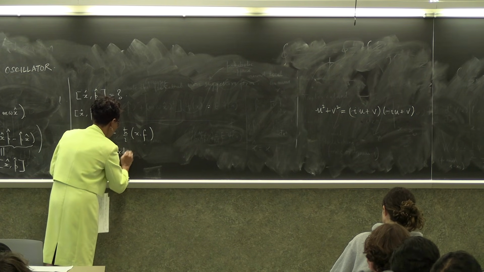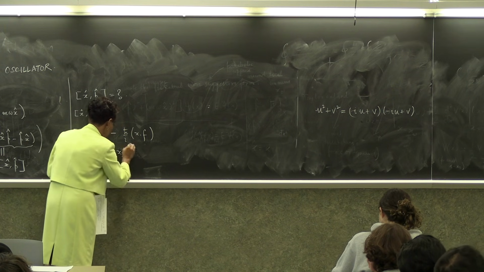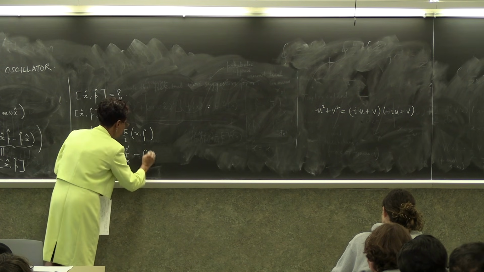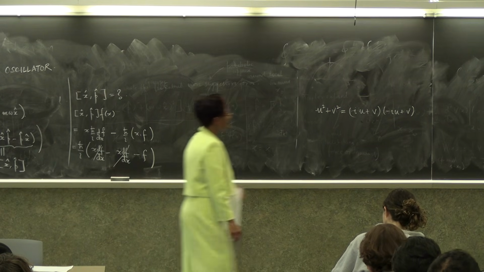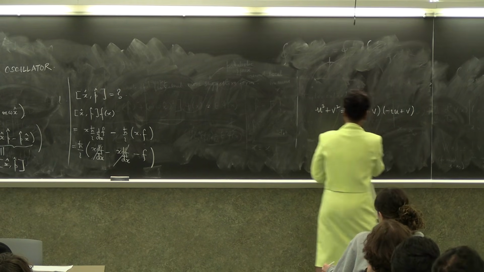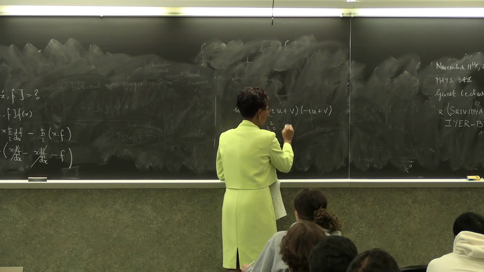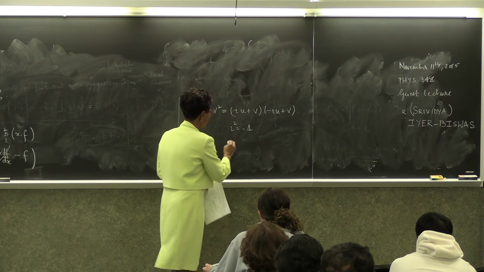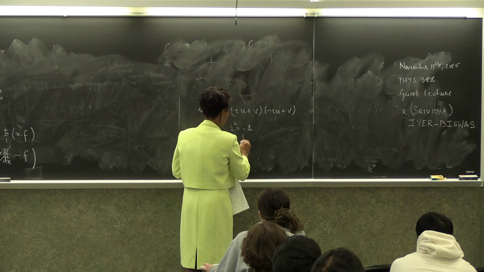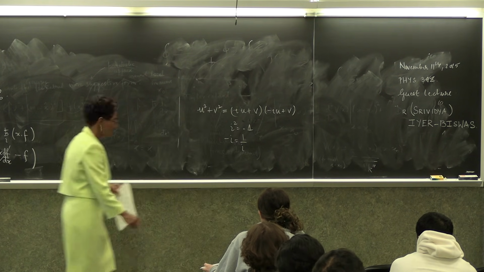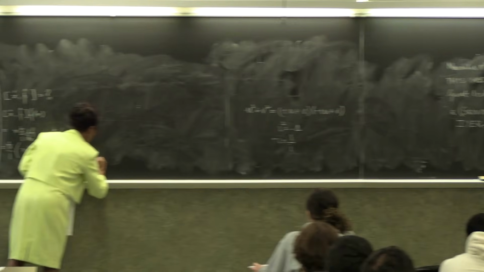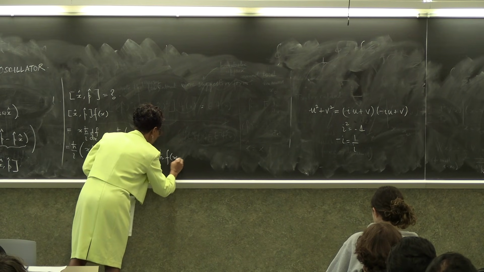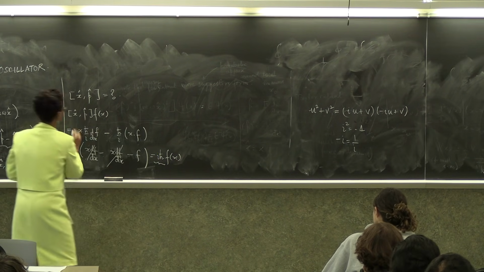So that's x df dx, cancelling off with this, minus f. Quick reminder, i square is minus 1. So minus 1 over i is the same as i. We have a 1 by i here and a minus here. So we are left with i h bar times f. Compare.